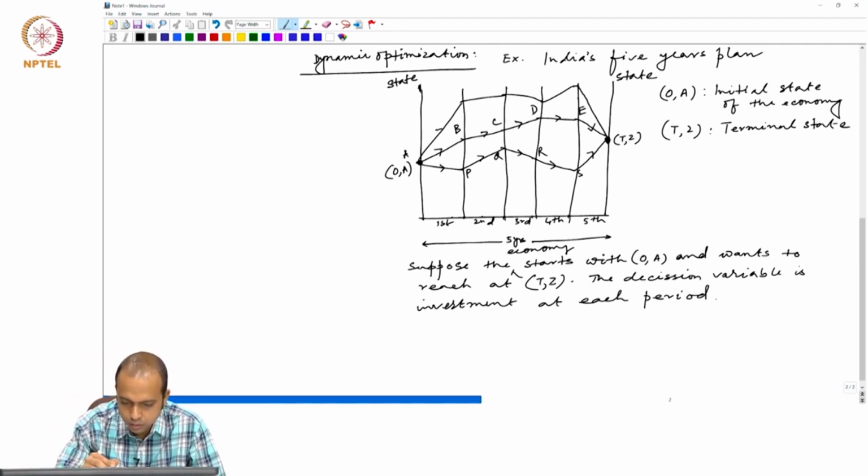And there might be another path like this.